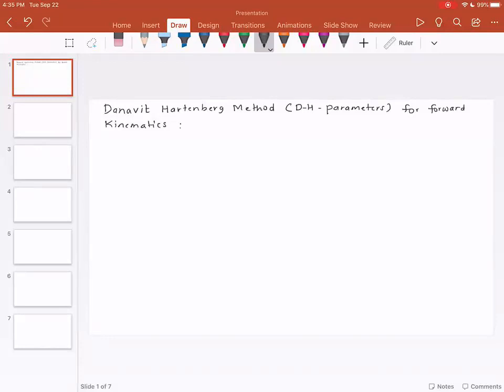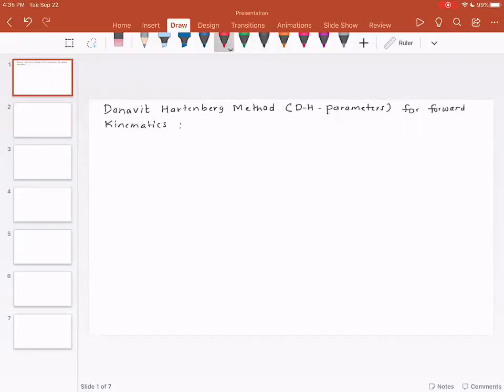The idea is simple, and initially it may seem a little bit difficult, but once you understand the rules, what you do is you plug and chug. You construct a table and then use the quantities in the table to find the homogeneous transformations.